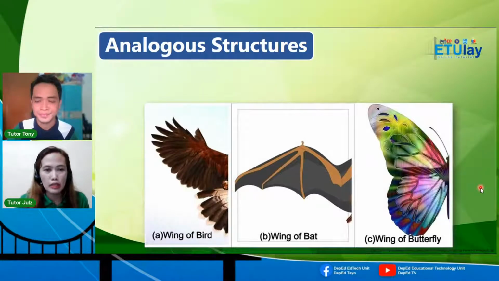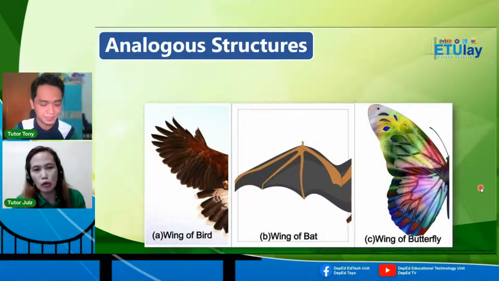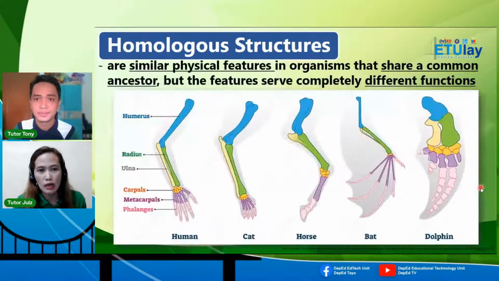So that is under the homologous structure. Yung homologous, same. Homo meaning, anong ibig sabihin ng homo? From the root word, the same. And logos, that is, they are related to one another.